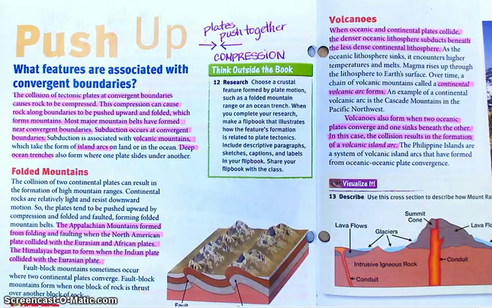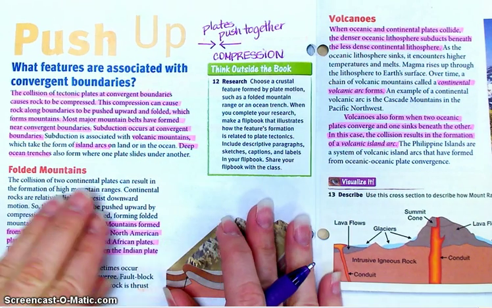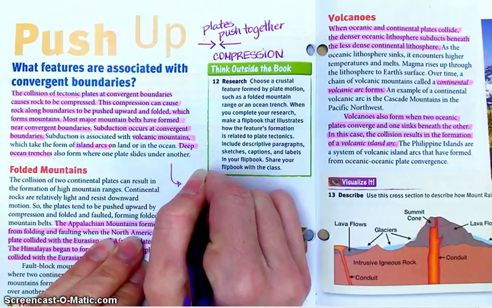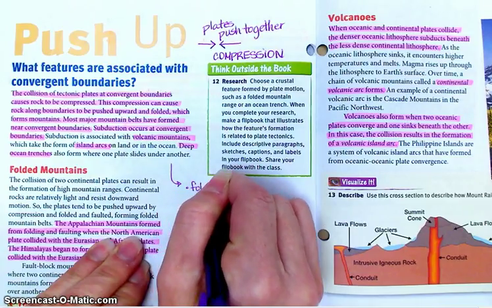Subduction also occurs at convergent boundaries, and subduction is also associated with volcanic mountains, so you get volcanic mountain ranges along convergent boundaries, island arcs, and deep ocean trenches. So, features associated with convergent boundaries: folded mountains.